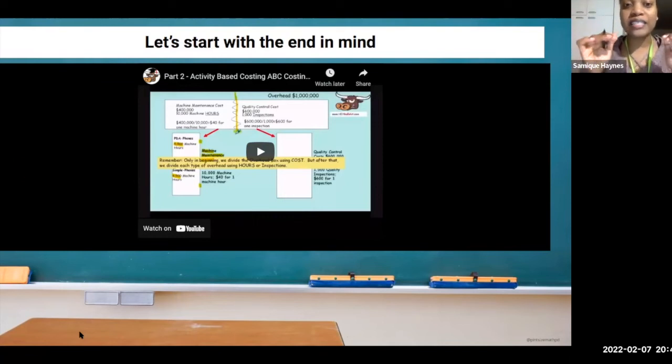The next thing they did was find the cost drivers. What drives machine maintenance costs? What was the cost driver for machine maintenance costs? What causes machine maintenance costs to go up? Machine maintenance cost is driven by machine hours. Good. And then quality control cost is driven by inspections.